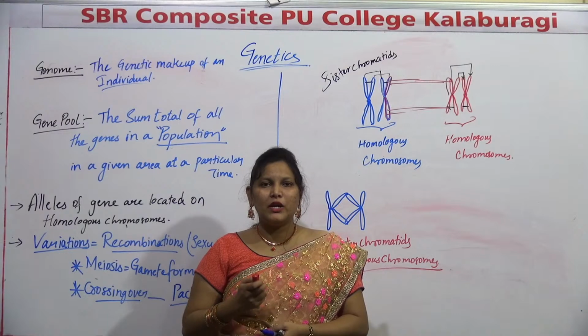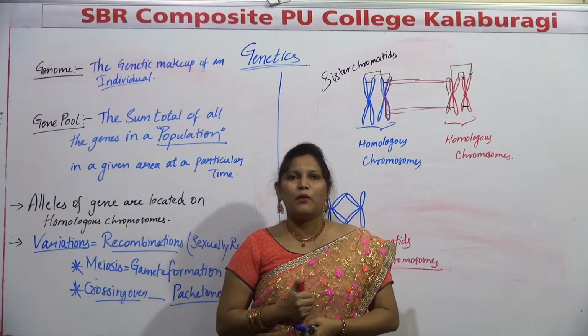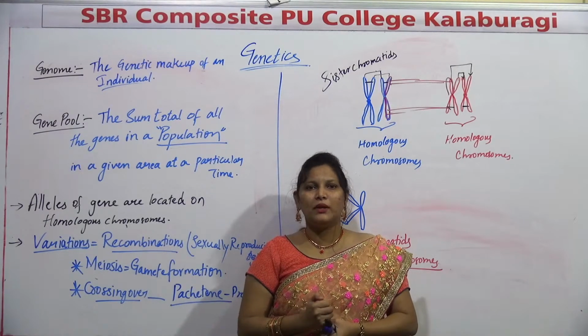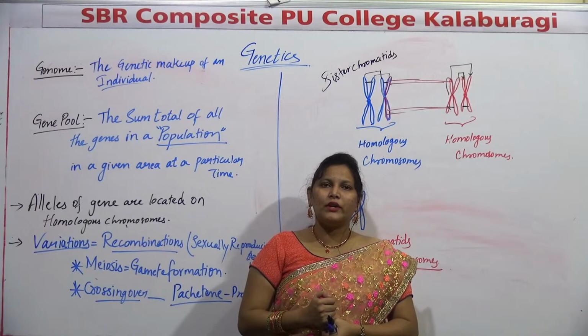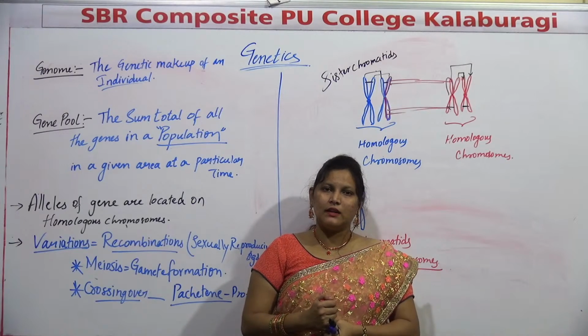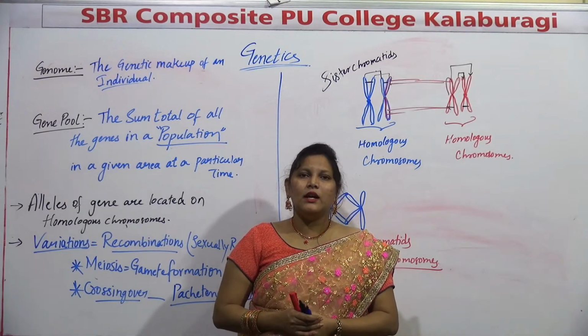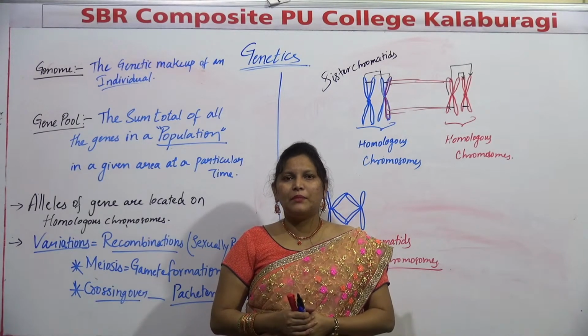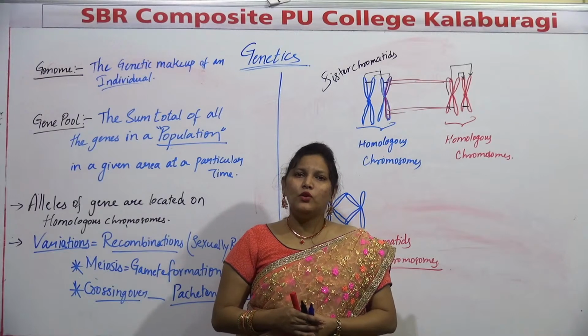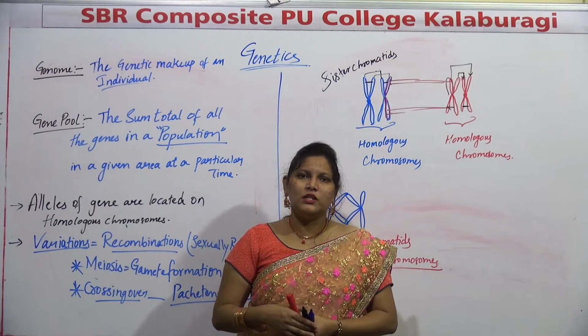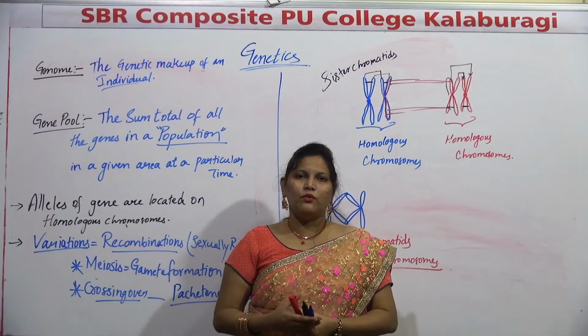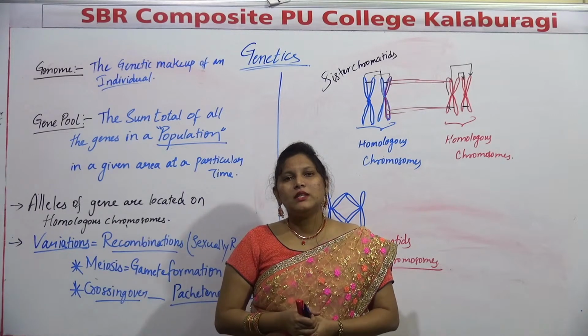Apart from that, based on the monohybrid cross, Mendel postulated his first law of dominance and second law of purity of gametes, or law of segregation. In deviation to that, we have seen today incomplete dominance in snapdragon flower color, where the phenotypic ratio is equal to the genotypic ratio, followed by the concept of dominance.